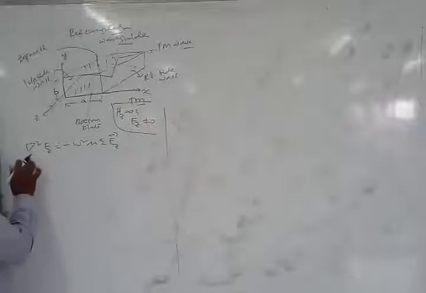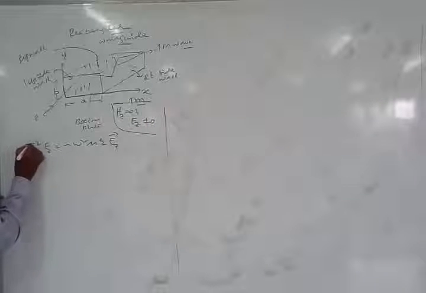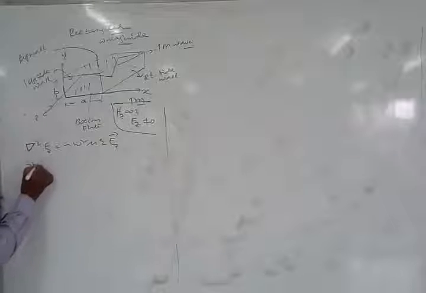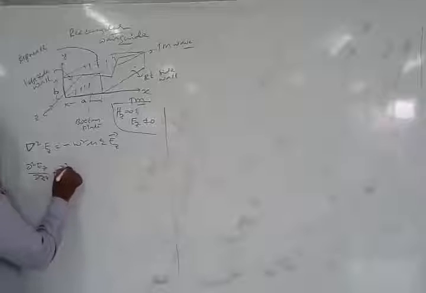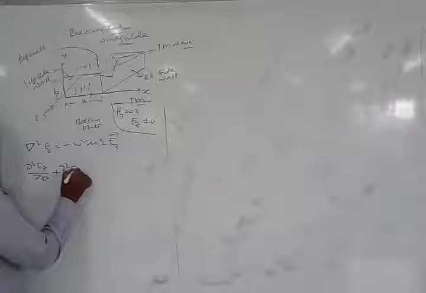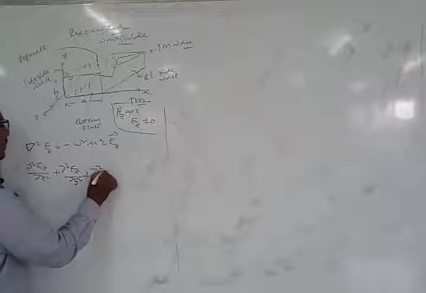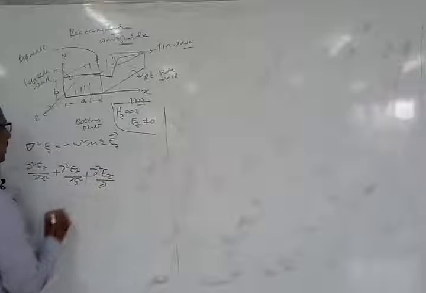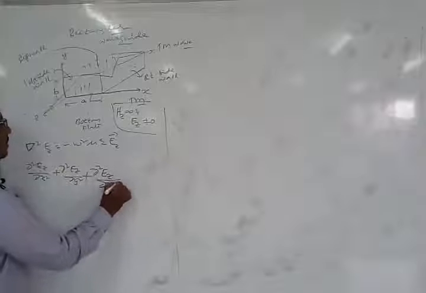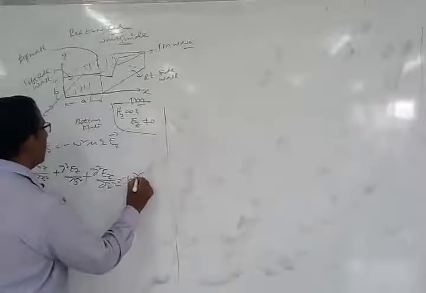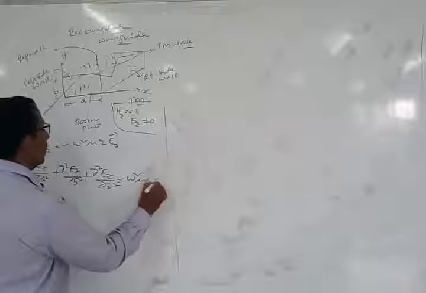So now let us expand the operator del square. Del square means I can write dou square Ez by dou x square, since we are representing along the x, y, z directions, plus dou square Ez by dou y square plus dou square Ez by dou z square is equal to minus omega square mu epsilon Ez.